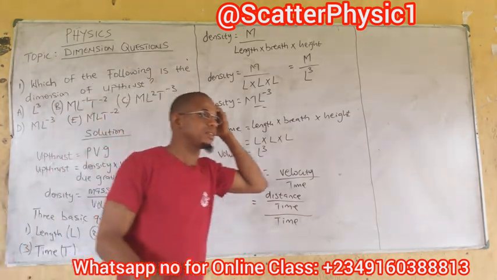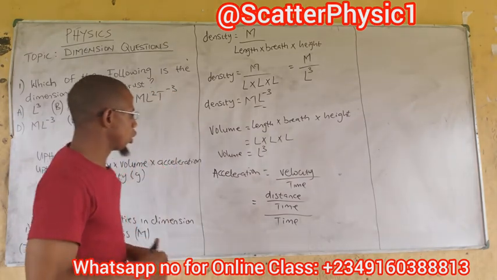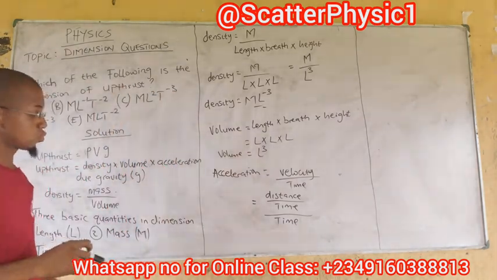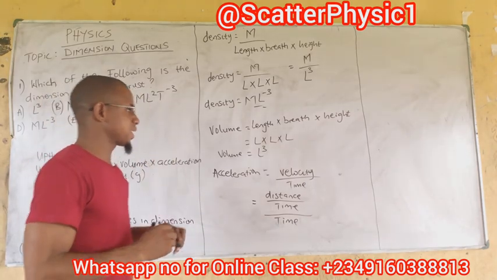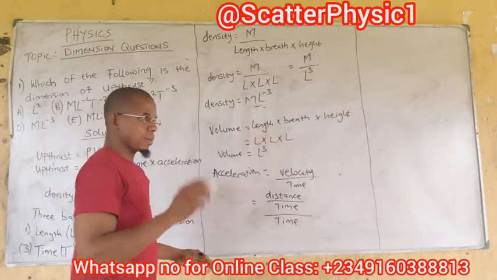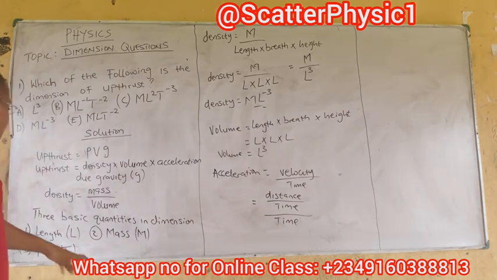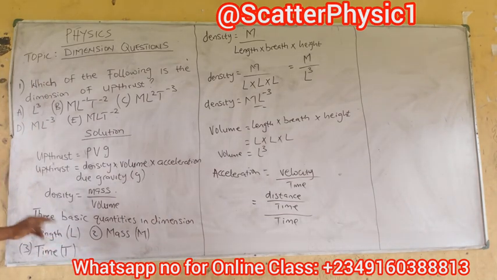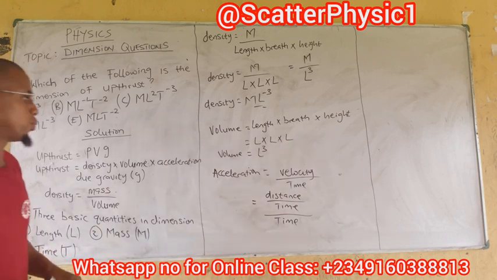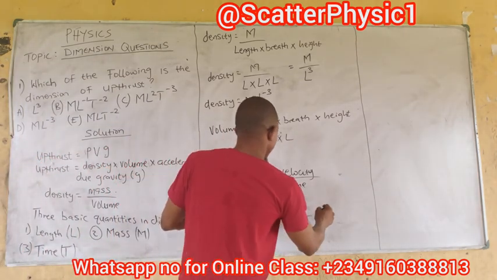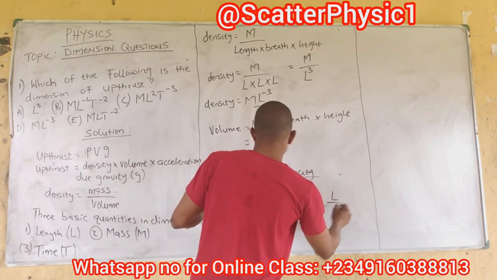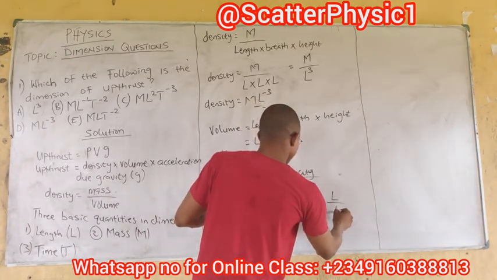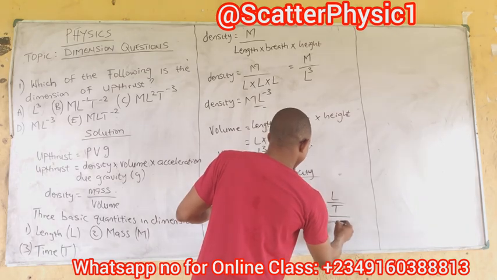I don't want this division to be long. Remember that only L, M, T have symbols. So distance is equal to L, over T, all over T.